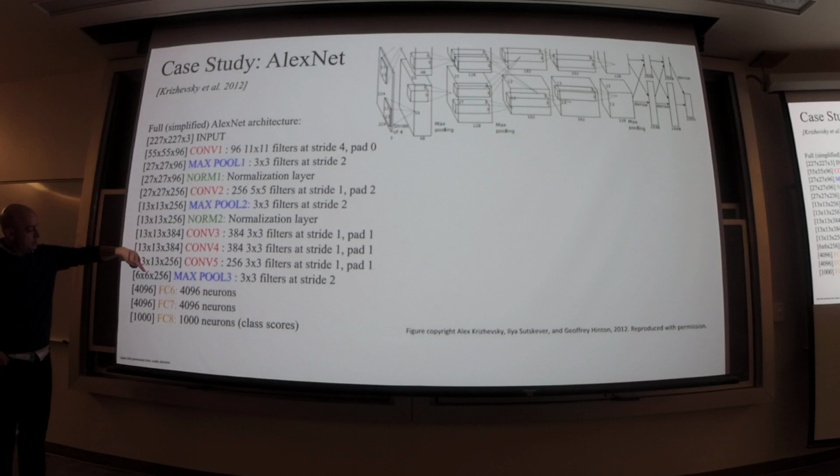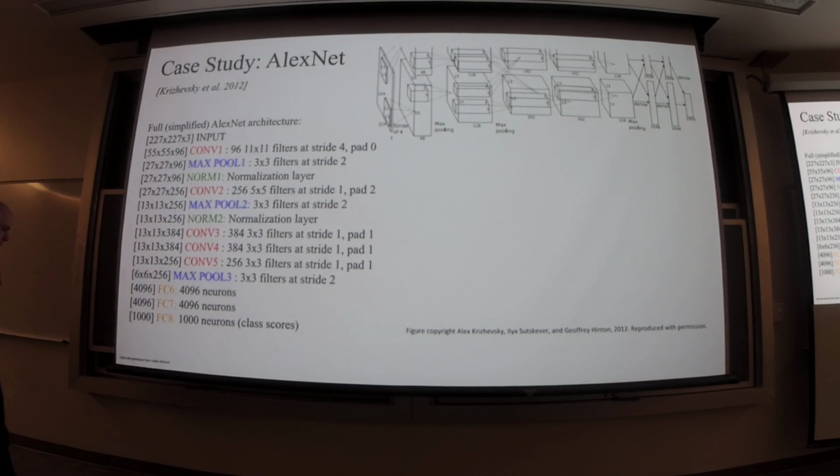6 times 6 times 256 is not 4096. Is it? Because these are powers of 2, it doesn't seem right.